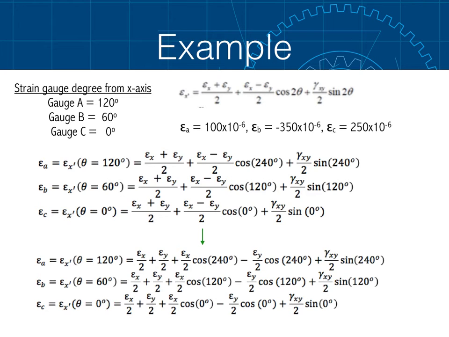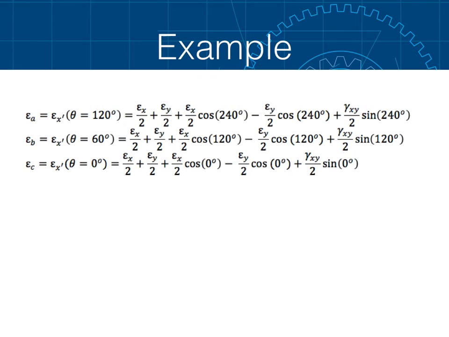Similarly, a process was taken to separate the strain gauge B components from their fractional form. This gives us the below equations. Now, given the below equations, we can simplify even further by combining the like terms of epsilon x, epsilon y, and gamma xy.